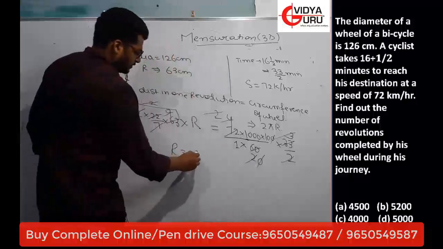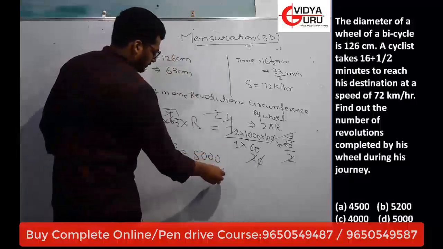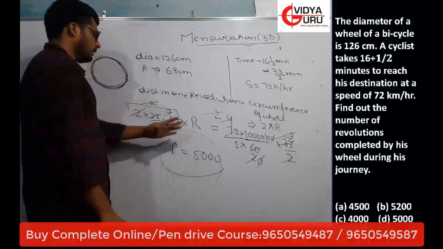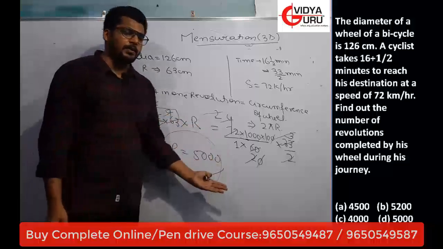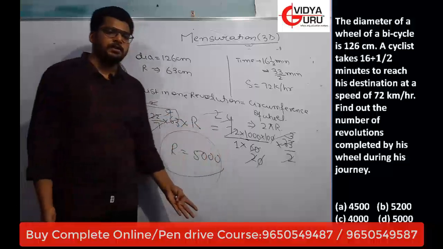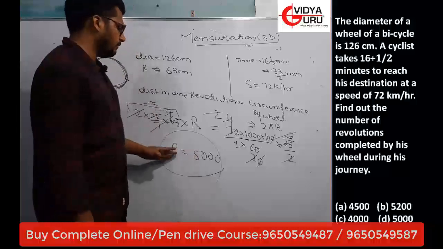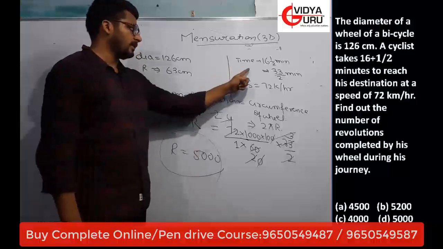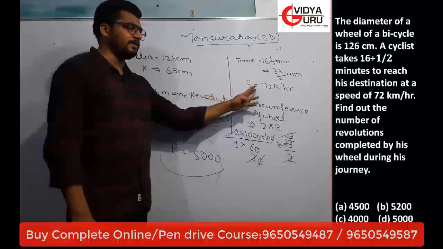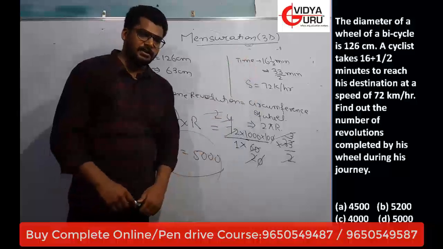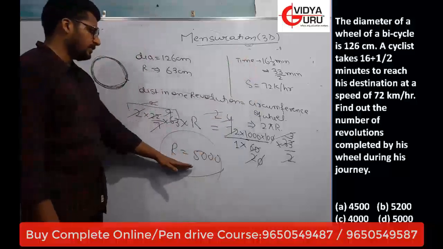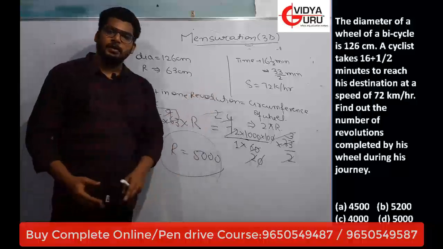The number of revolutions will be 5000. I have just calculated it, you can calculate it any way. The answer will come 5000 revolutions, which is option D. In 5000 revolutions, the boy will cover this much distance at 72 kilometers per hour in 33 by 2 minutes.